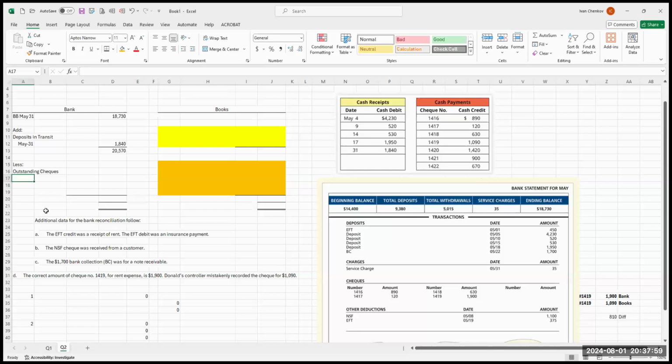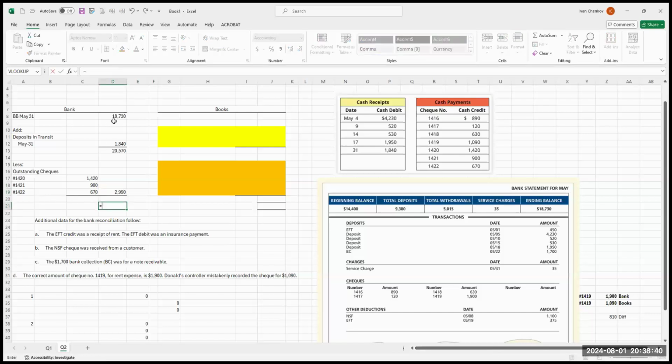And once we add those, check 1420 for $900, and $670, that's going to give us a total of $2,990, which I'm going to flip right here. And that's the amount that I have to deduct in order to get our book balance.